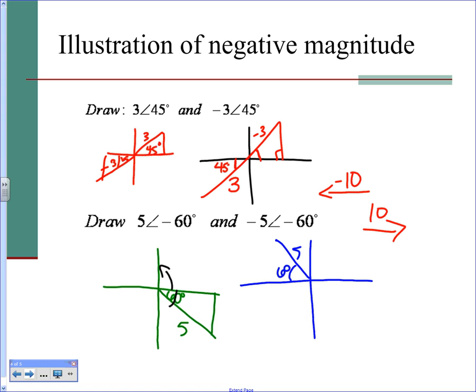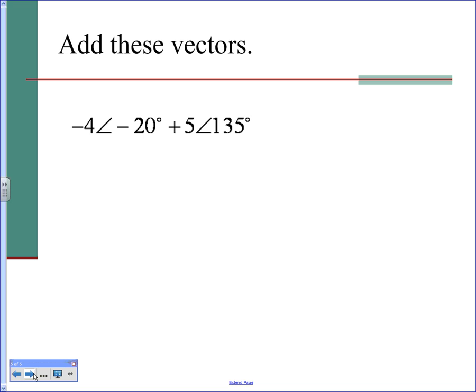Do you agree? So if it's negative, what happens to your vector? It switches, goes through the origin. Any questions here? Okay. So now we're going to add them. We've done problems like this before, right? But we haven't had a negative vector.